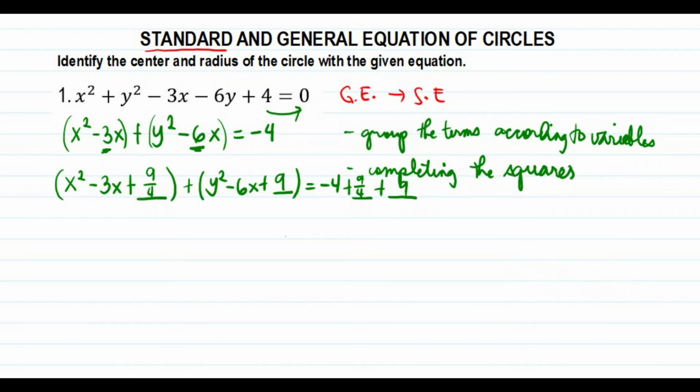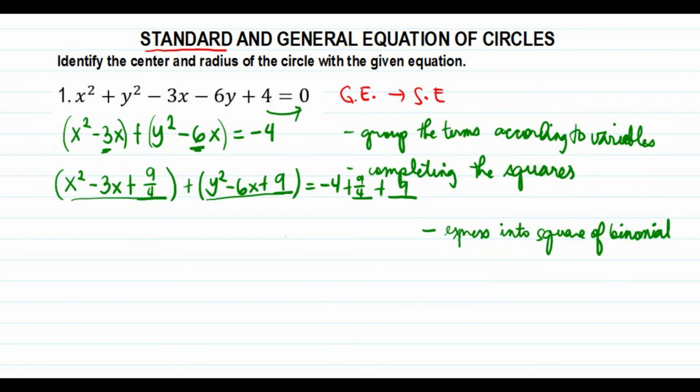Next step is, dito sa baba, express natin into square of binomial. I-express natin into square of binomial itong ating trinomial. Okay? Ibabalik natin siya into square of binomial.